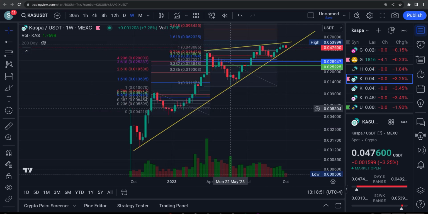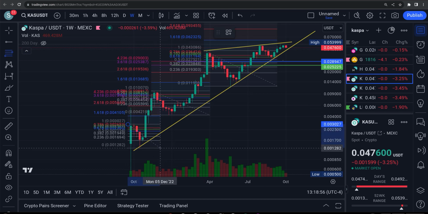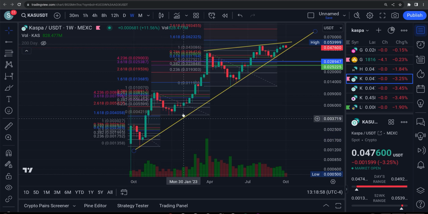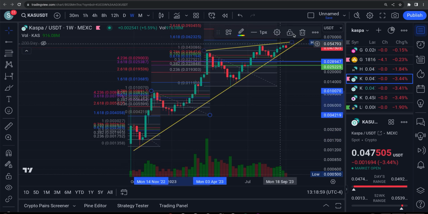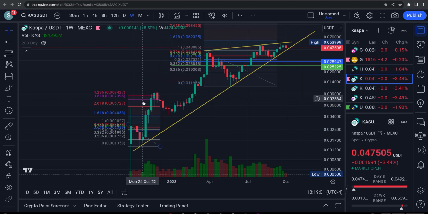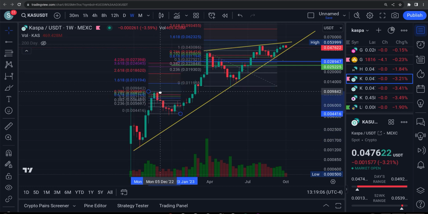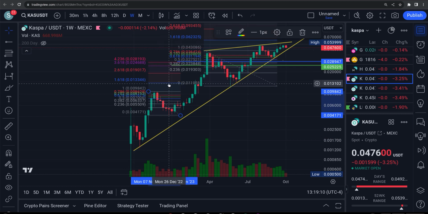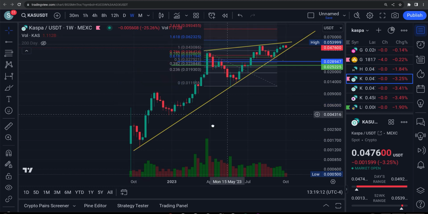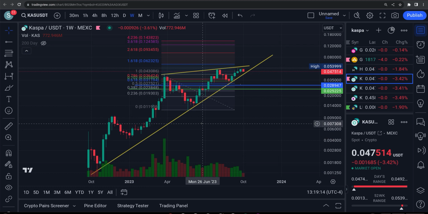That one overextended. This one ended up hitting a perfect extension. Perfect extension on that one. Move that up. That one blew past that target, and then this one here is where we really started losing steam.